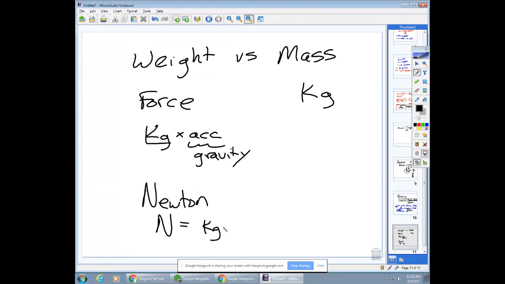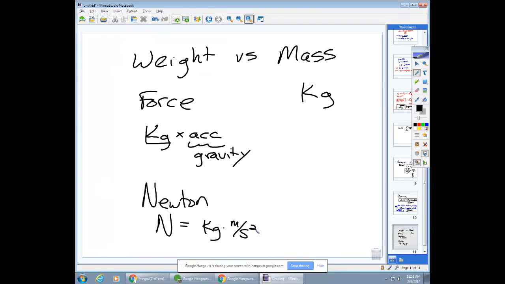Standard unit of acceleration in the metric system is usually meters per second squared. So weight has a weird unit set. In the case of the metric system, it's kilograms times meters per second squared.